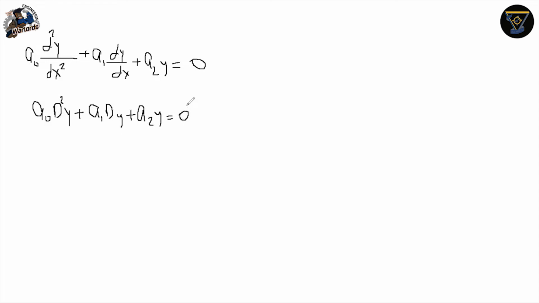So all we're doing is that first thing you should do is that you're saying that dy over dx is equals to dy, right? And if we square both sides, well, square isn't the best word to use, but I'm gonna use square. If we square both sides, this is going to be d squared y. So that's how we use a substitution. So we substitute this and we substitute this, and you end up with this, right? And then next thing you want to do is that you need to take out the y.